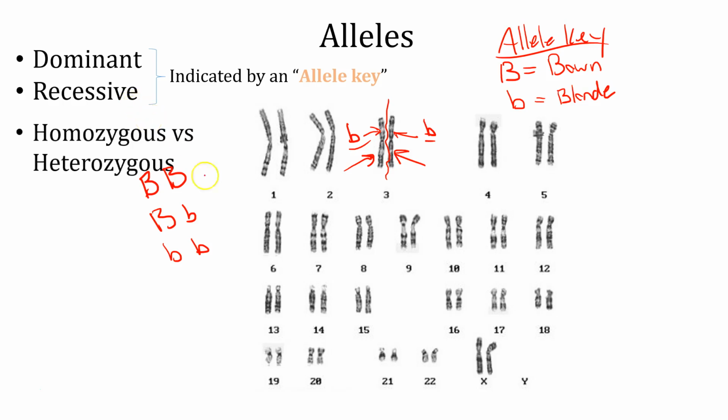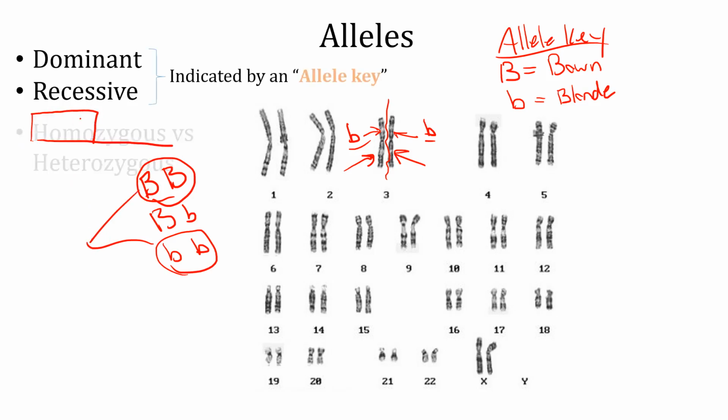So this gets us to these words called homozygous versus heterozygous. If one has two copies of an allele, we would say it's homozygous. This word homo generally means the same. So homozygous would mean the type of genetics that is the same, so they have the same type of allele.